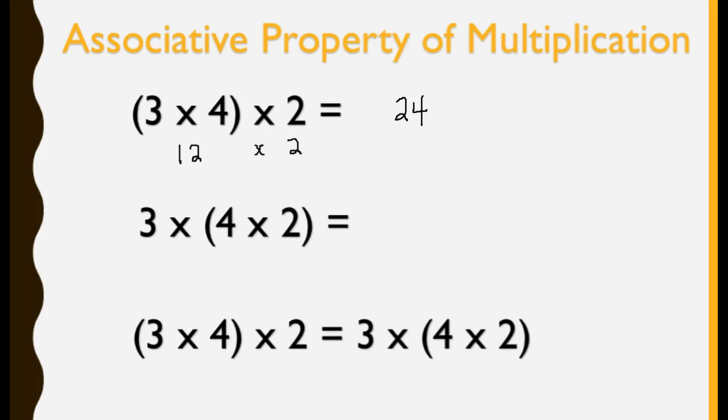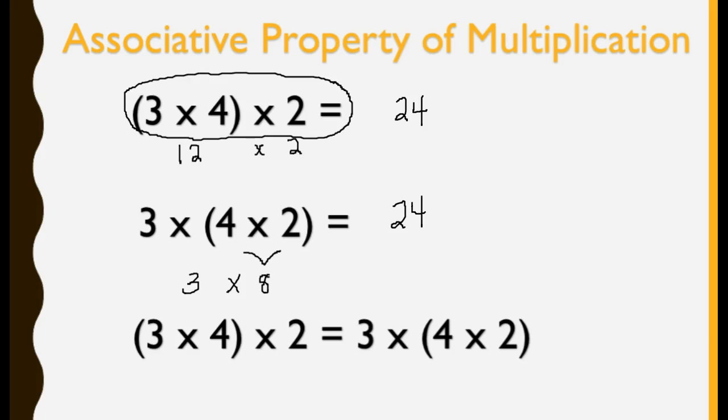But if we started with this, 4 times 2 equals 8, times 3 is also 24. See how it doesn't change the answer? So that means that you could say that this is equal to this. And that's what is written down below here. They both equal the same exact thing, which is 24.